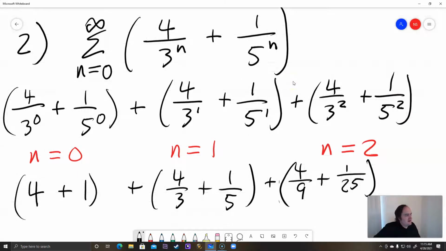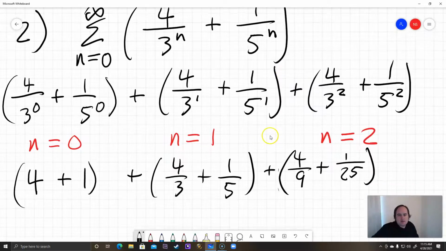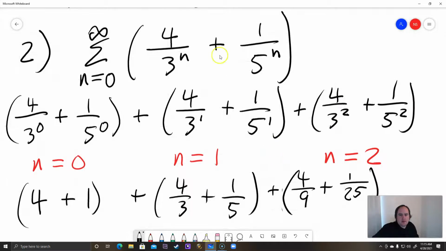And then the other thing they asked us to do is to find the sum of the series. So how do we find the sum of the series? Well, you're going to notice that these two look kind of similar to the last problem. And your goal here is to rewrite each of these in a format where we can have them as a times r to the n.